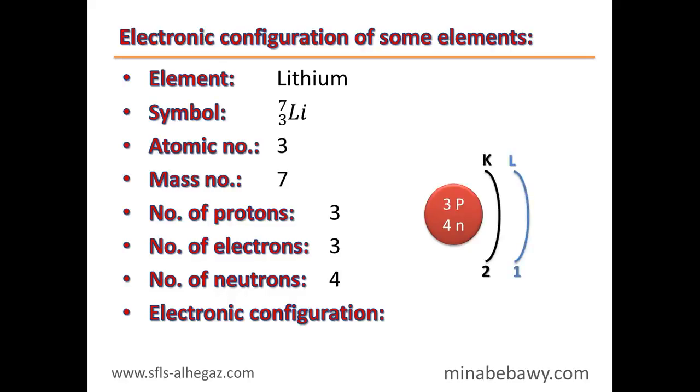Electronic configuration of lithium: its nucleus contains 3 protons, 4 neutrons, and it contains 3 electrons which are distributed in 2 energy levels. The first energy level K will take only 2 electrons because it is saturated with 2 electrons. We have another electron, we will put it in the second energy level L. So the electronic configuration of lithium is K2L1.